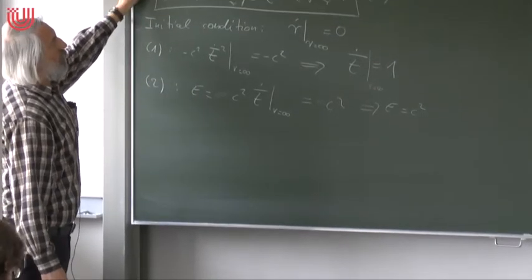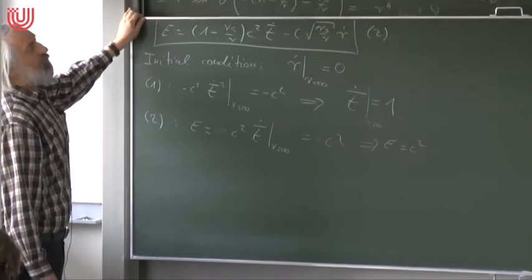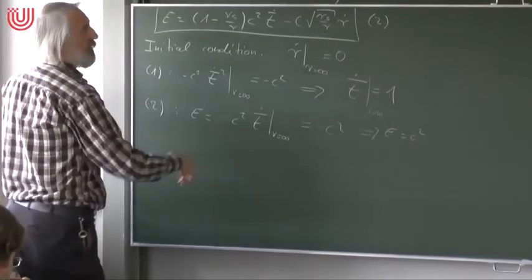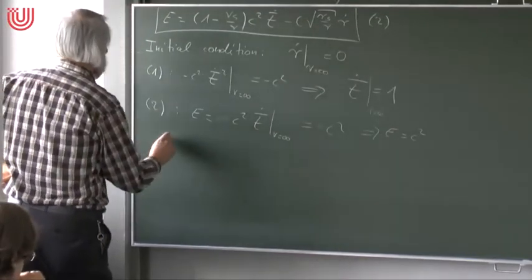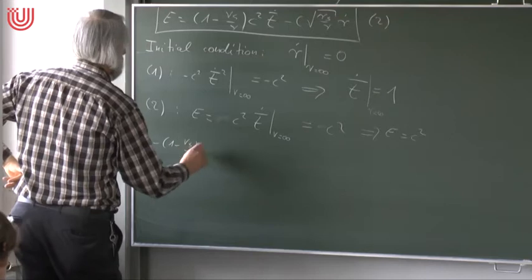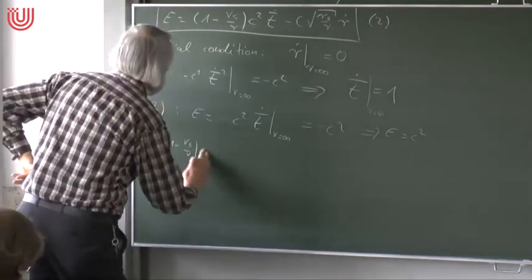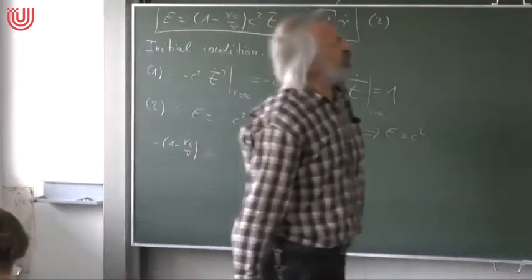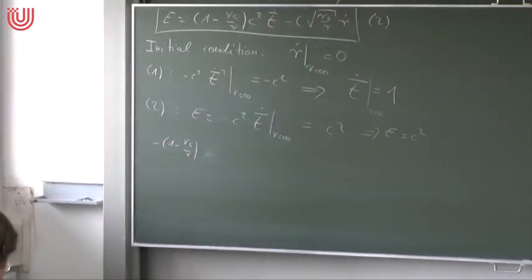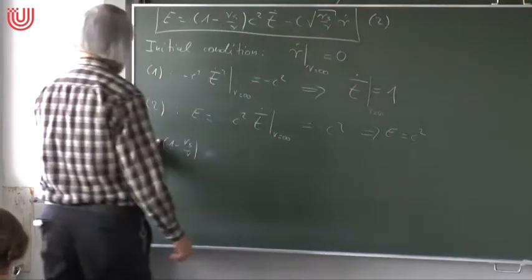And now we have to solve 2 equations. Let me write them again here in a box. We have to solve minus 1 minus rs over r t bar dot with a c squared. Or maybe you can divide by c squared. Yes, let's divide this by minus c squared. Then it becomes nicer, so the minus is gone.